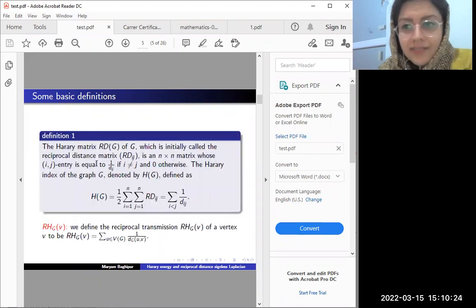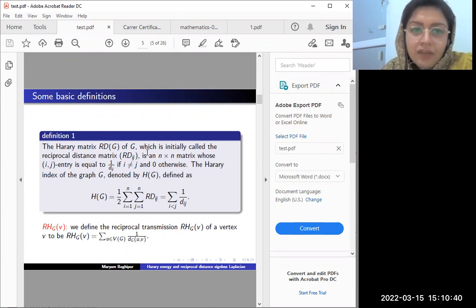Another concept is really interesting: the Harary matrix. The Harary matrix is based on reciprocal distance. All entries on the main diagonal are equal to 0, and the other entries are equal to the inverse distance, 1 over the distance between u and v.